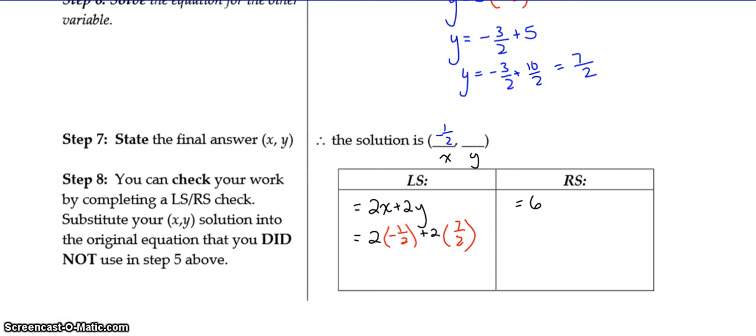Oops, that was a 7 over 2. So use your fraction button or use your skills. 2 times negative 1/2 is negative 1. 2 times 7 over 2 is 7. Negative 1 plus 7 is 6. And that equals the right side.